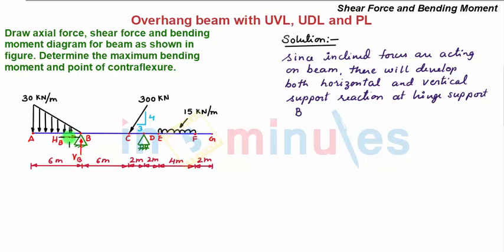Let the directions of the horizontal and vertical support reactions be assumed rightward and upward respectively, and there will also be a vertical support reaction at point D denoted as VD, where we have a roller support.